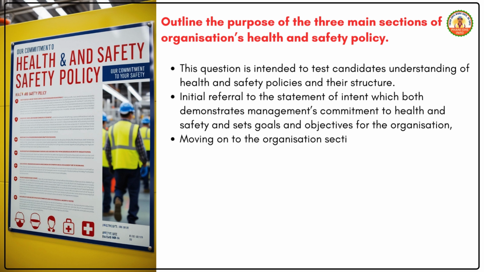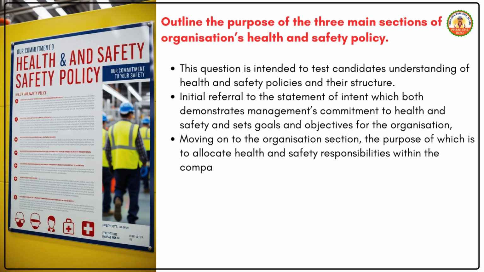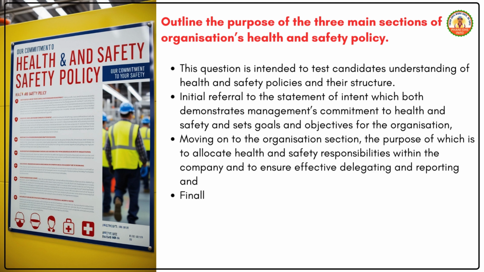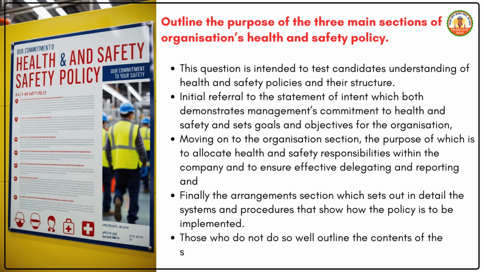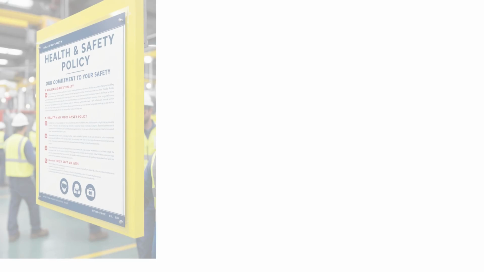Moving on to the organization section, the purpose of which is to allocate health and safety responsibilities within the company and to ensure effective delegating and reporting, and finally, the arrangements section, which sets out in detail the systems and procedures that show how the policy is to be implemented. Those who do not do so well outline the contents of the sections rather than their purpose.